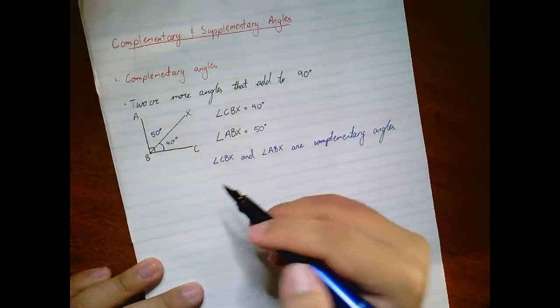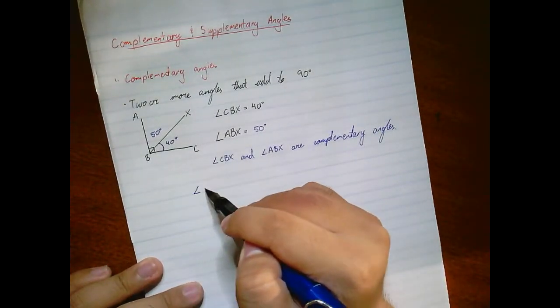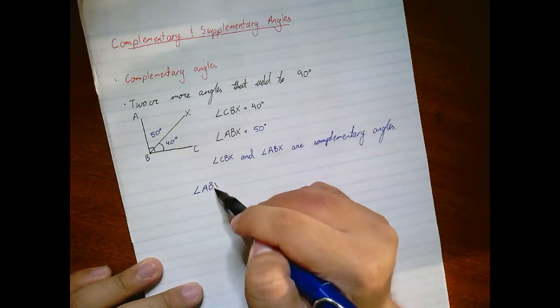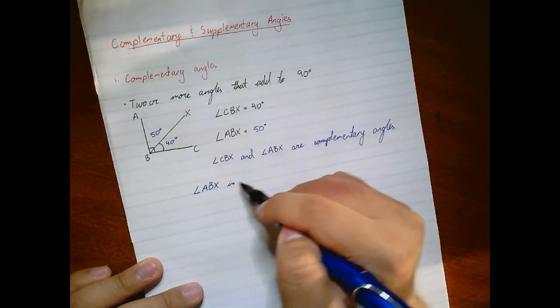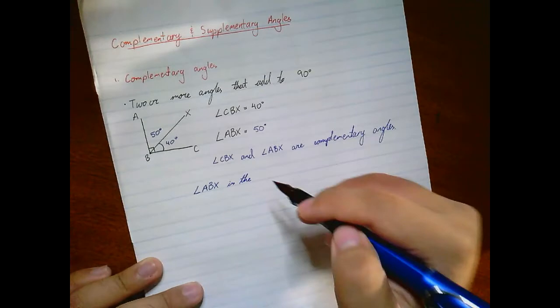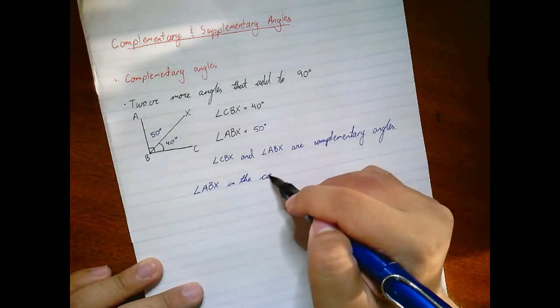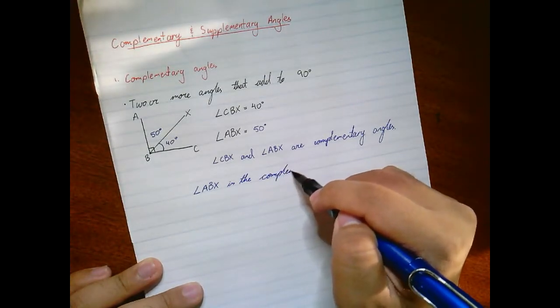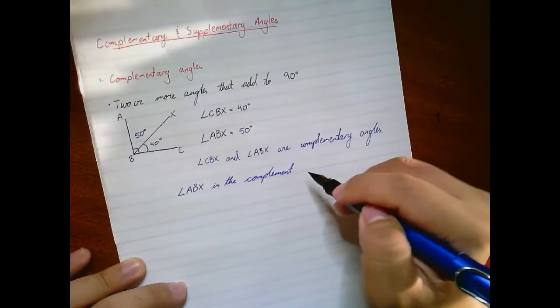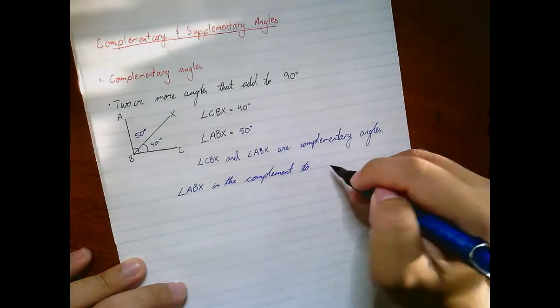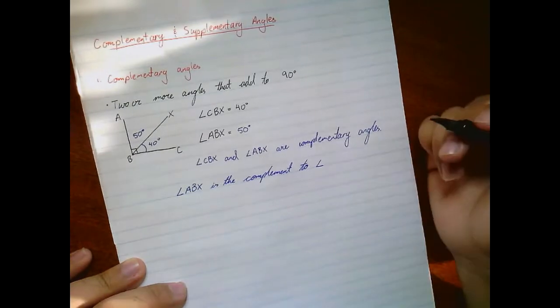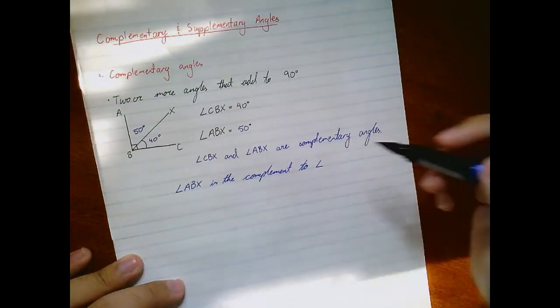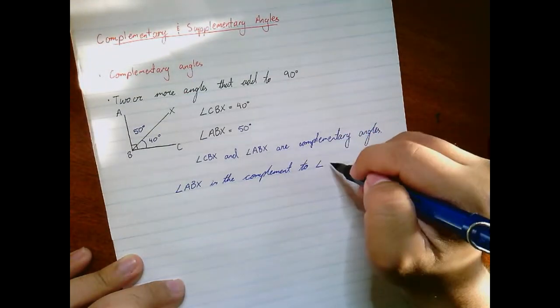Alternatively, we could say angle ABX is the complement to angle CBX.